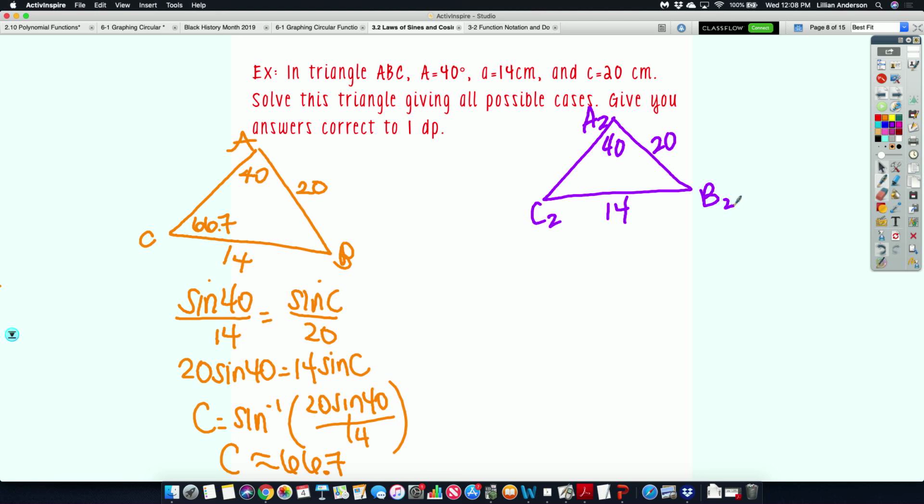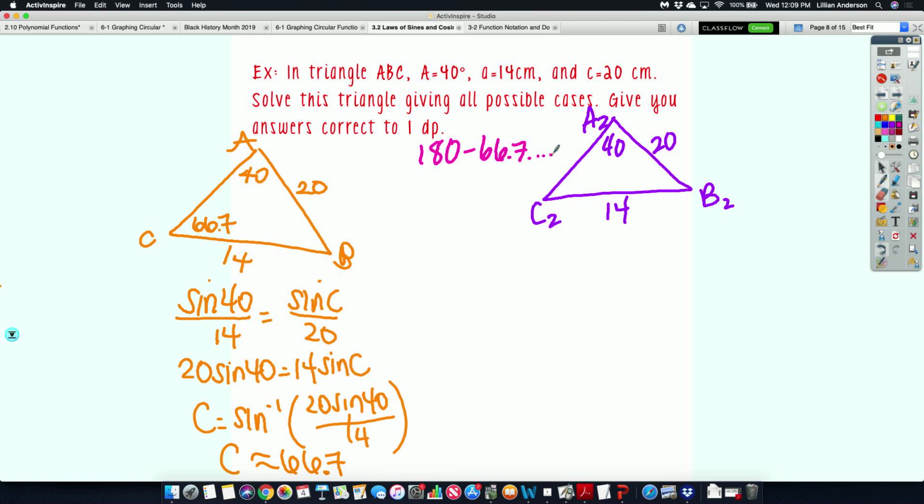However, angle C is going to be the supplementary angle to the angle C that you found over here. So after you find your first angle, you want to see what its supplementary angle would be. So you do 180 minus the 66.7 number that's still in your calculator.